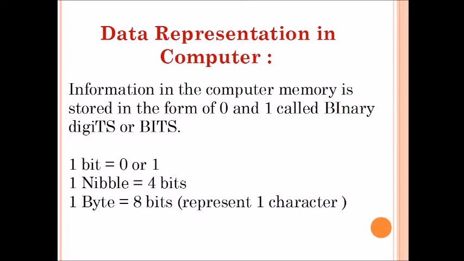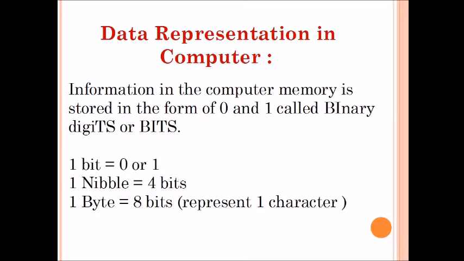To represent user data in a computer, bits are combined together to form characters. The combination of 8 bits makes a byte, and a single byte is used to represent one character of data. So 1 bit equals 0 or 1, 1 nibble equals 4 bits, and 1 byte equals 8 bits, meaning it is represented as 1 character.